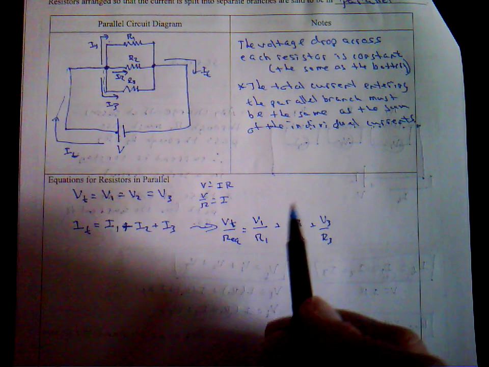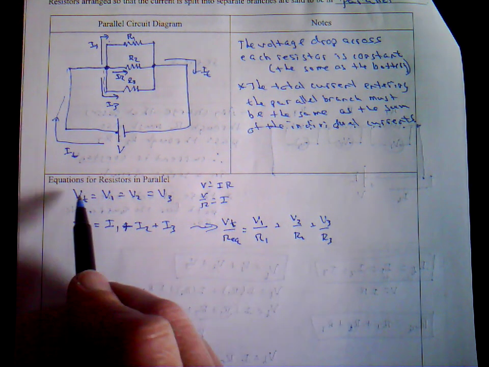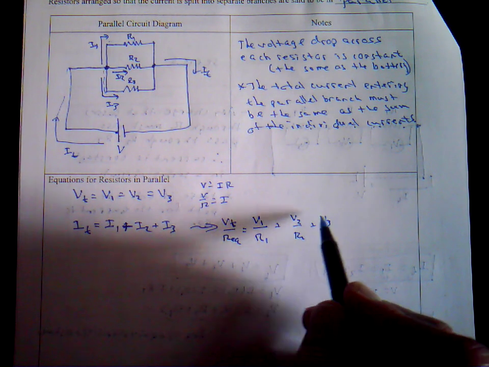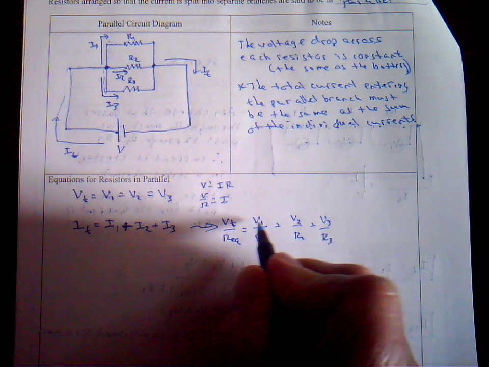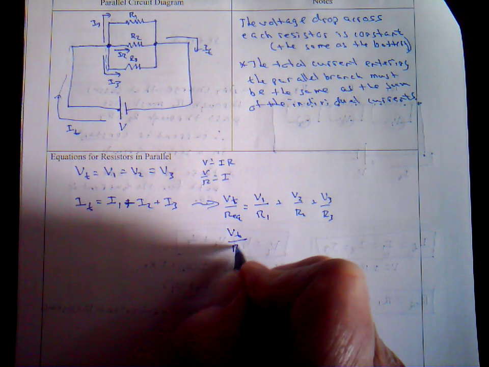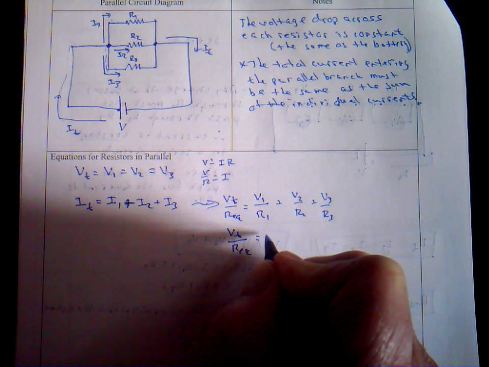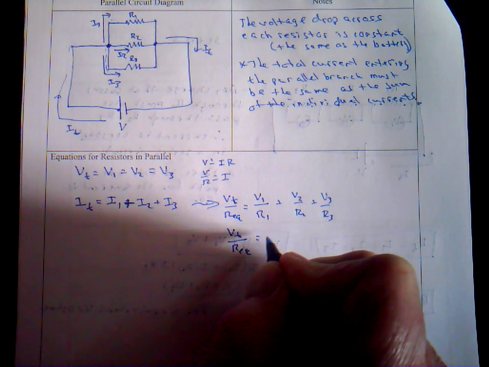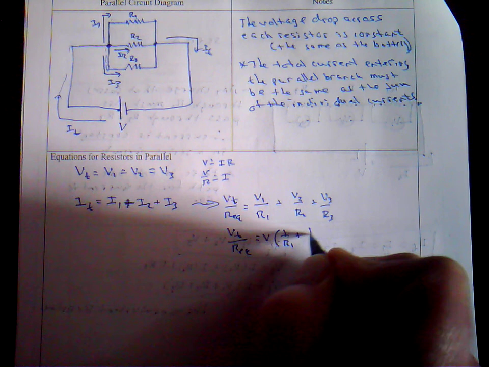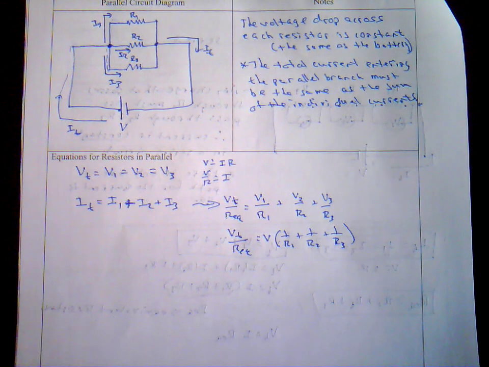But remember, these voltages are constant. The total voltage, V1, V2, V3 are all three the same. So I'm going to simplify this. I'm going to factor the voltages out because these are all the same voltages. So I'm going to get total voltage over equivalent resistance is equal to the voltage times 1 over R1 plus 1 over R2 plus 1 over R3.